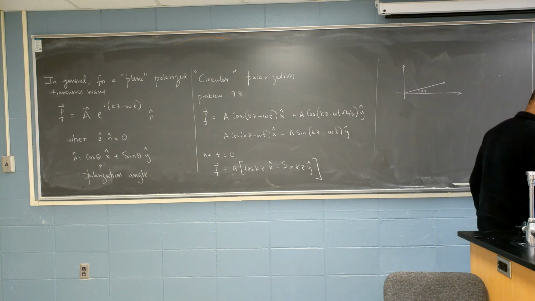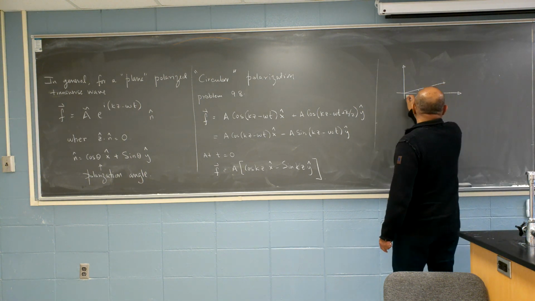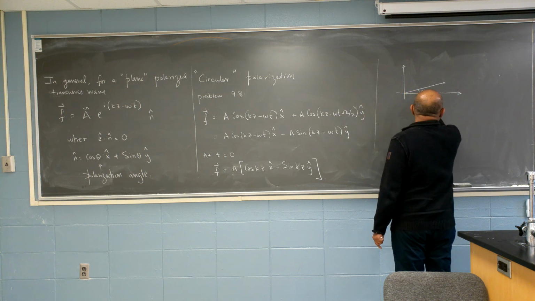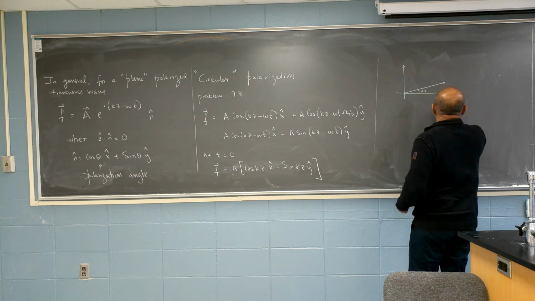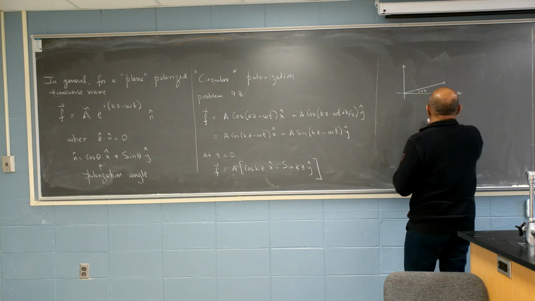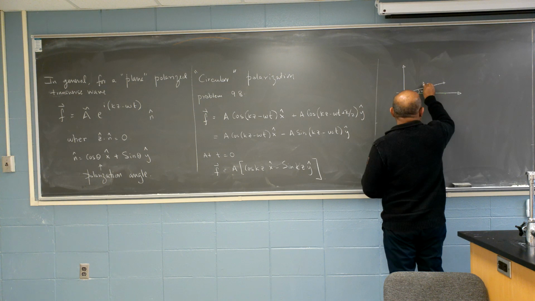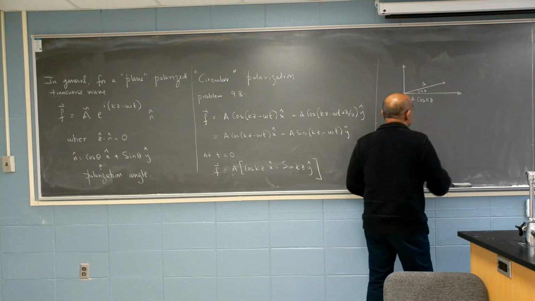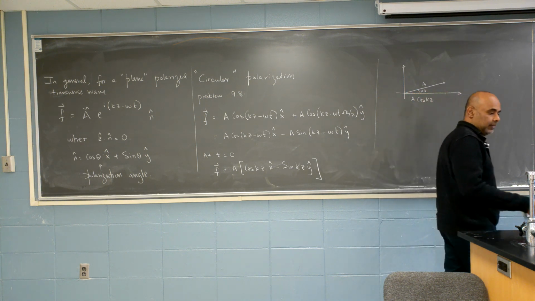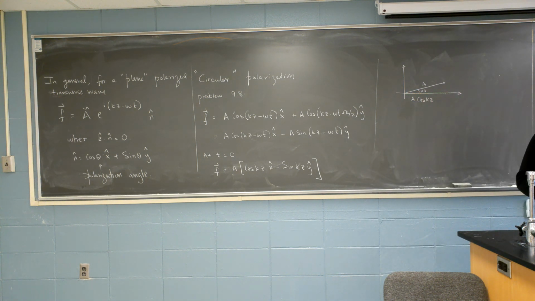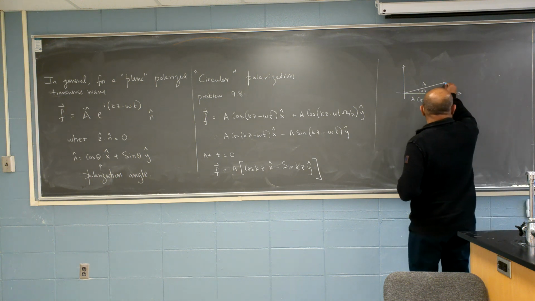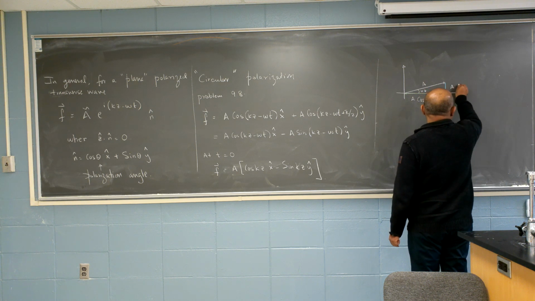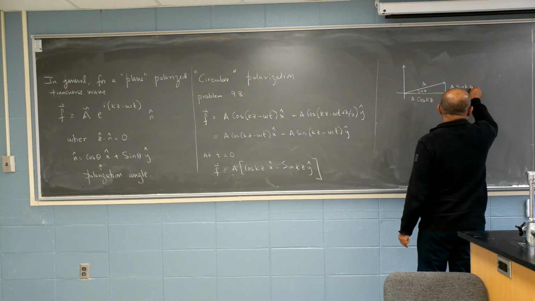So that means this much is, if this is like A, this is A cosine kz, correct? And this much is A sine kz.